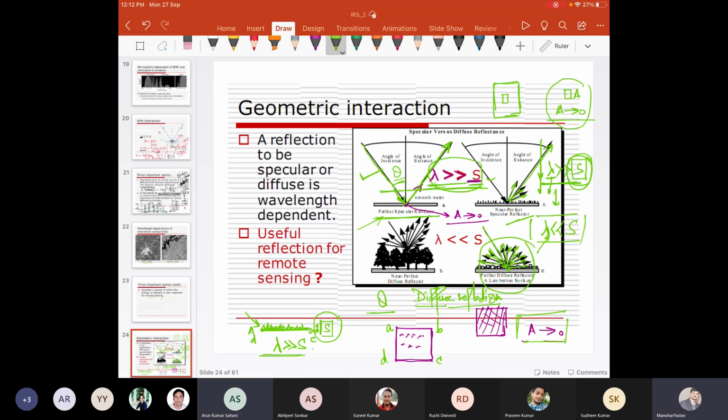But if we compare with specular, then in the case of diffuse, the energy within the reflected component is less. In a particular line, all the energy is reflected back, while the same energy here is redistributed in all directions.